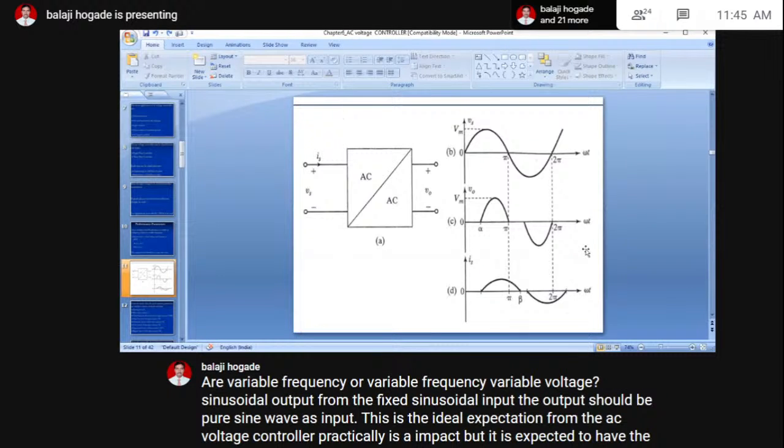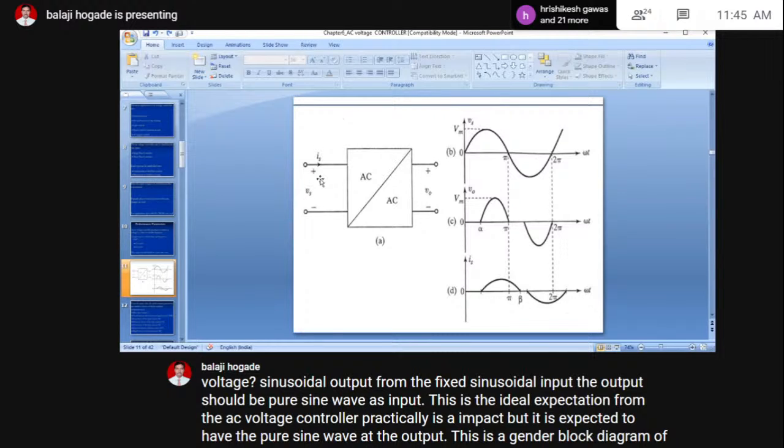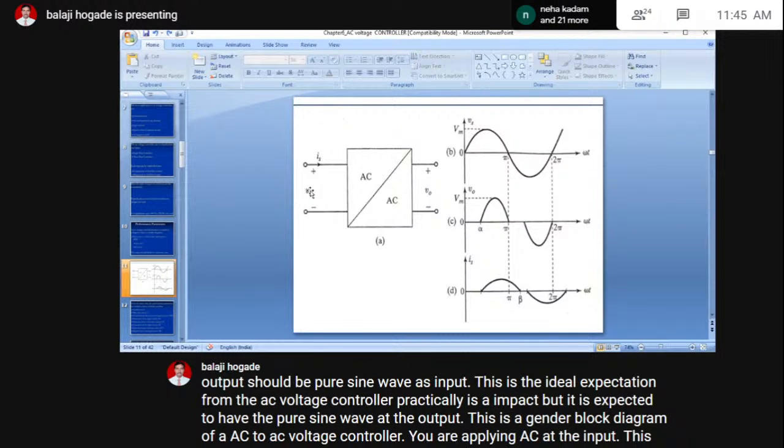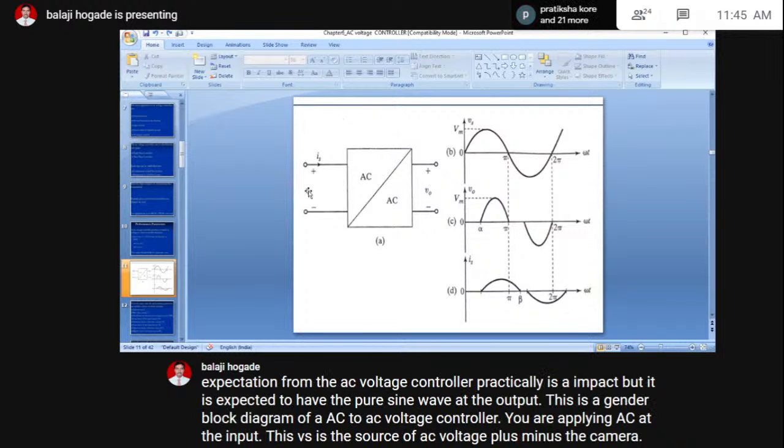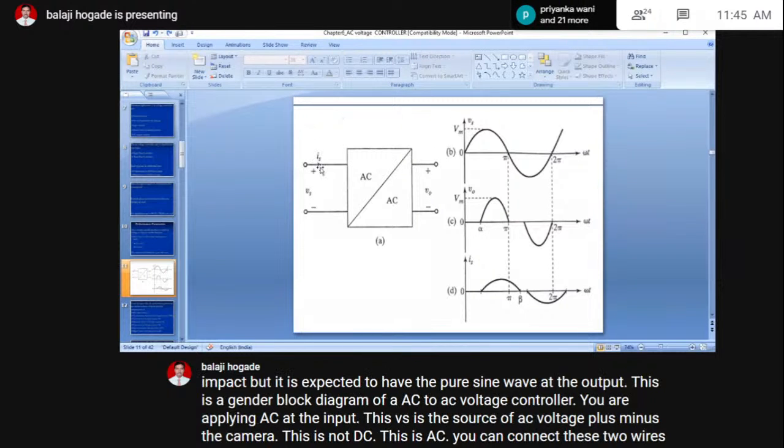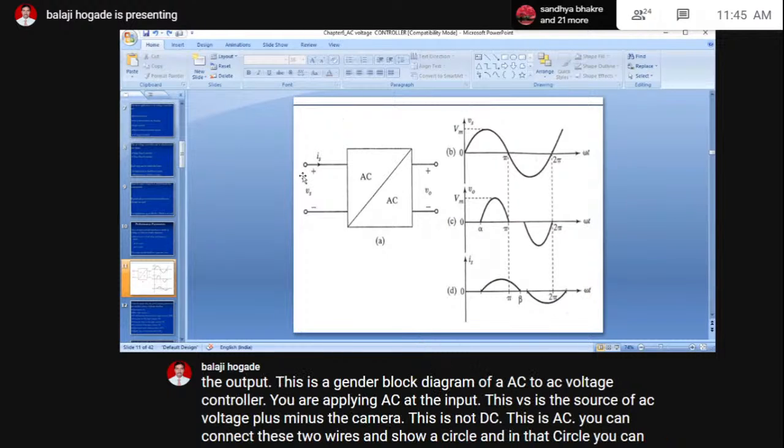See, this is a general block diagram of an AC to AC voltage controller. You are applying AC at the input. This Vs is the source of AC voltage. प्लस माइनस दिखाया मतलब यहाँ पे ये this is not DC, this is AC. यहाँ पे you can connect these two wires and show a circle, and in that circle you can draw single sine wave. That indicates it is the AC applied to the controller circuit.